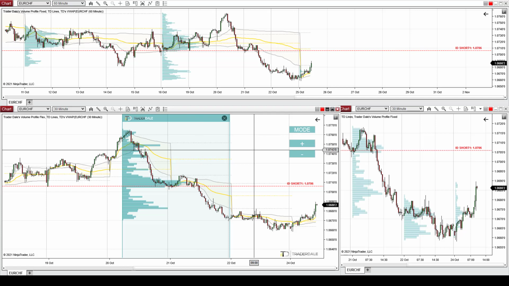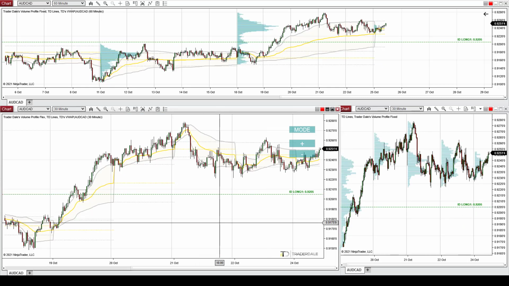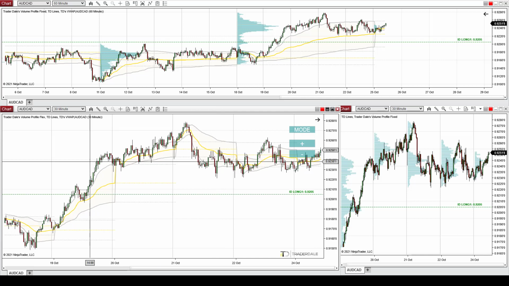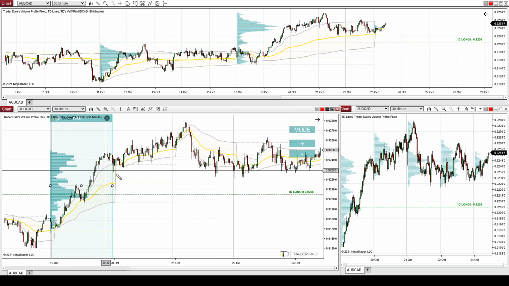Let's now have a look at the next one, which will be on the Australian dollar, Canadian dollar. Now all the charts show the Australian dollar, Canadian dollar, and there is a very similar scenario as on the Euro Swiss franc, which I showed you before. There was a trend, and within this trend there was a significant volume cluster here.